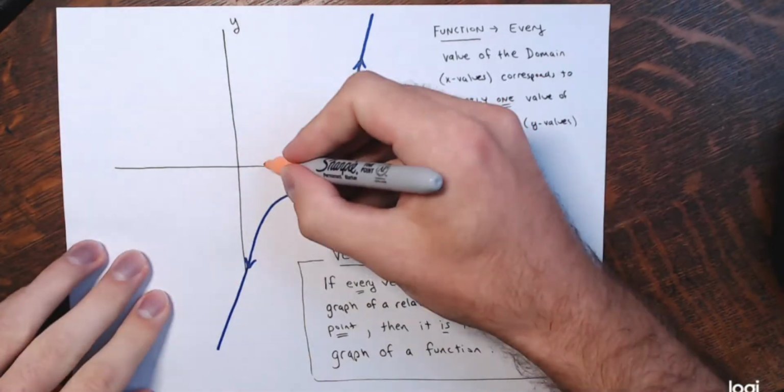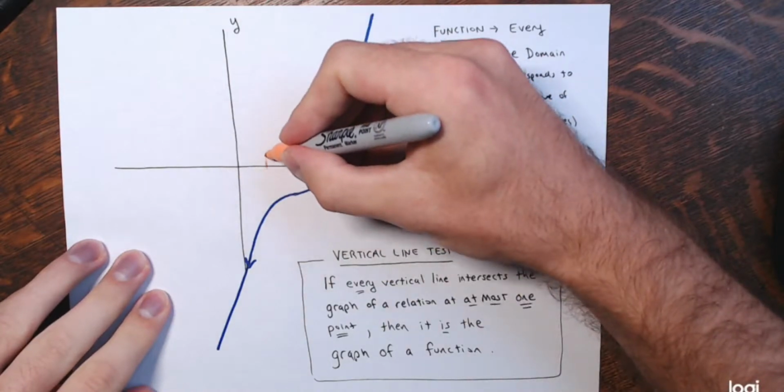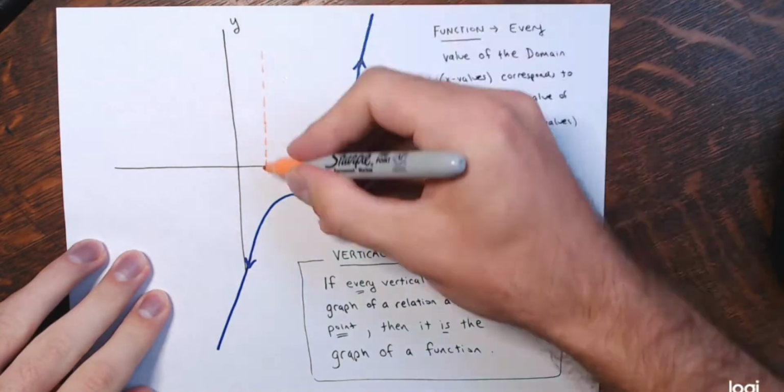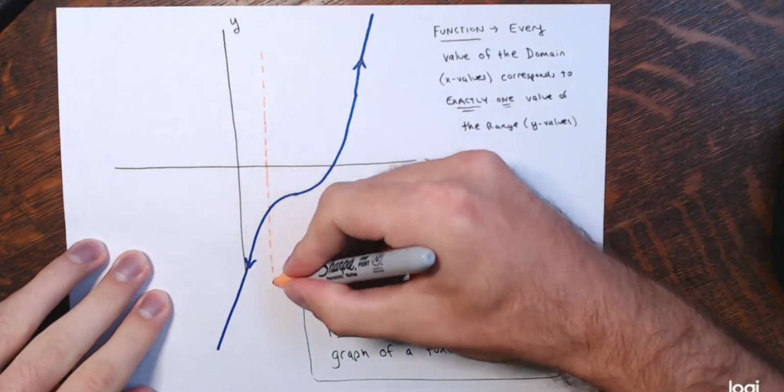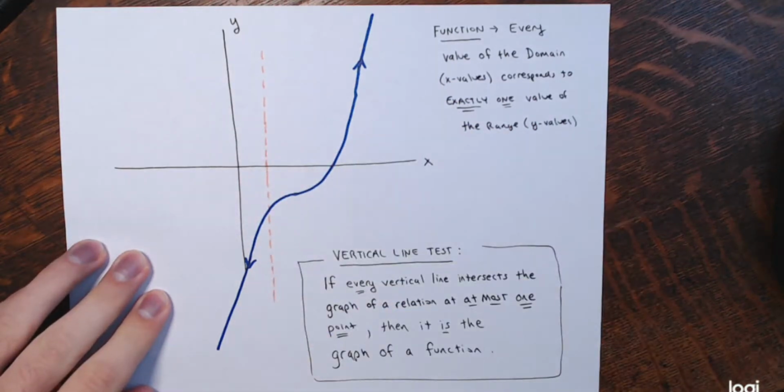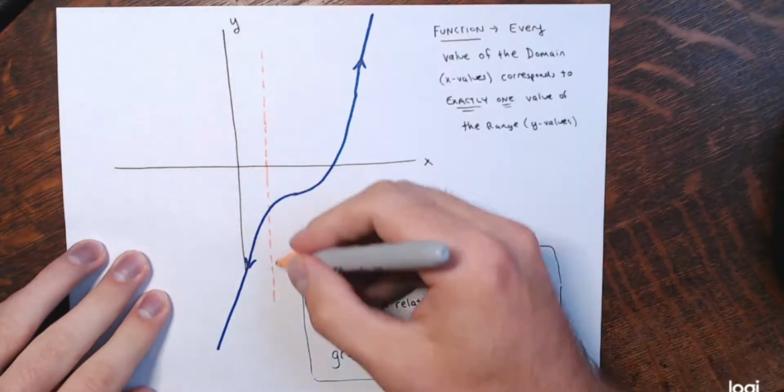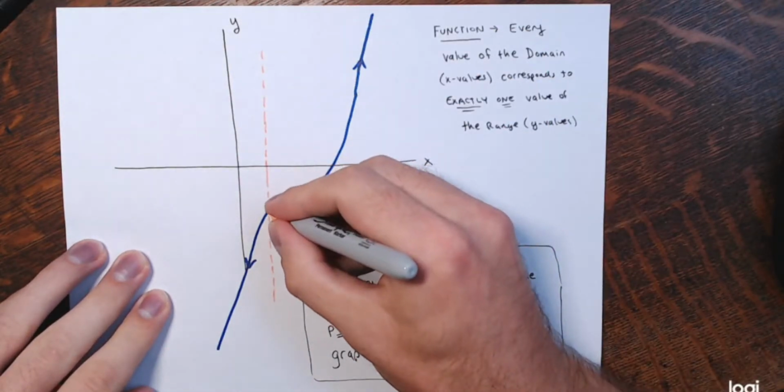So like, this is a vertical line. I'm just going to do them dashed, okay? And see how many times these vertical lines hit our graph. So this vertical line I just drew hits the graph 1 time.